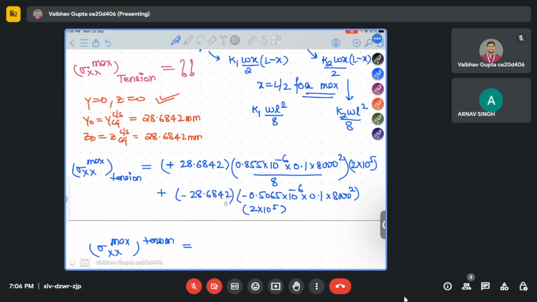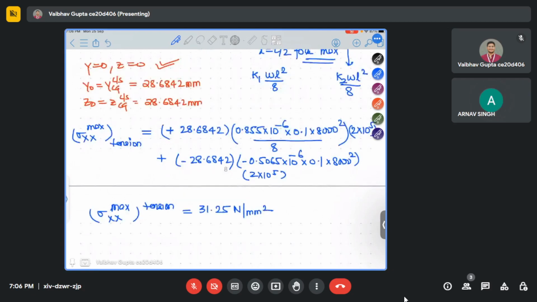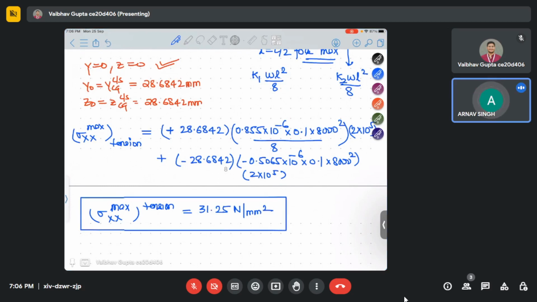After calculating, you will get 31.25 Newton per mm square. Yes, sir. Till now, any doubt? हमने उसमें पावर एट नहीं किया.